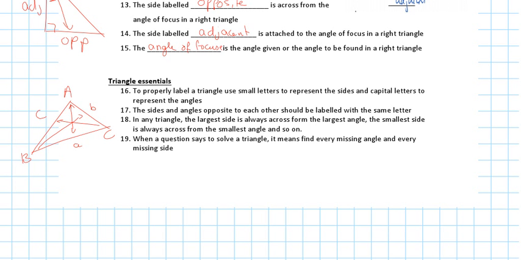If you're checking your work, you should always have the biggest angle across from the biggest side, opposite. And if A is 90 degrees, then yes, it will be the hypotenuse, but I don't know if it's 90. The smallest angle is going to be across from the smallest side. You see how angle B is the smallest angle, and side B is the smallest side. So you should always have corresponding angles and sides: big across from big, small across from small.